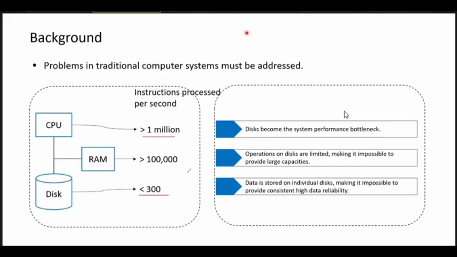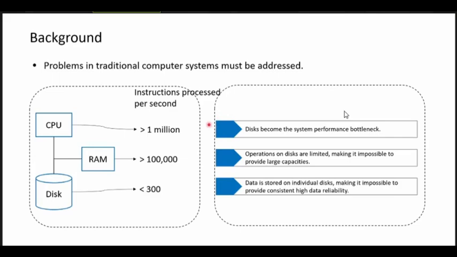So if more instructions come in, this is like a funnel, right? The RAM can do about 100,000, then suddenly you reach the disk, and you reach a major bottleneck. You have so many instructions coming in, but you can only do less than 300 per second. At some times in the old days, this led to a lot of system crashes, system failures, hanging, and all this stuff, right?